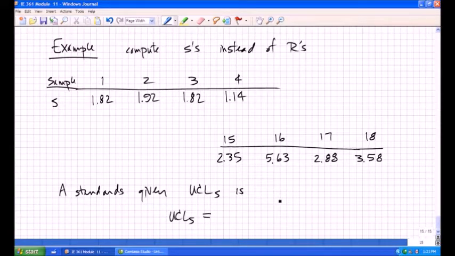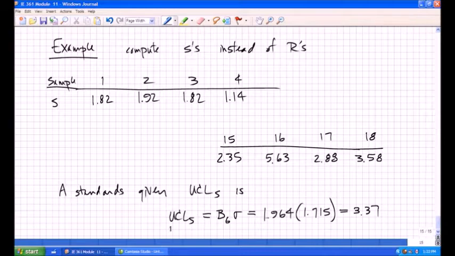I want this number big B6 times sigma, and that means I want, if I look in the table on page 509, I want 1.964 times 1.715, and that turns out to be 3.37.